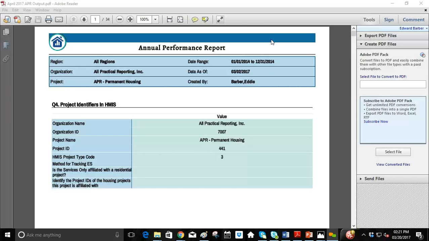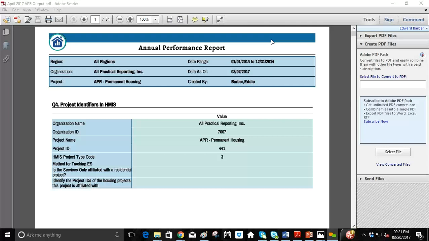Okay. There are some considerations, in the sense that where it gets tricky is if the same client was served by rapid rehousing 1 and rapid rehousing 2. It wouldn't be the same client. All right, then it's clean. If you were to report over multiple projects that are really only one project, the way the APR logic works is it's looking at the most recent enrollment.